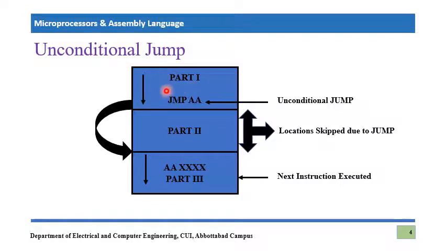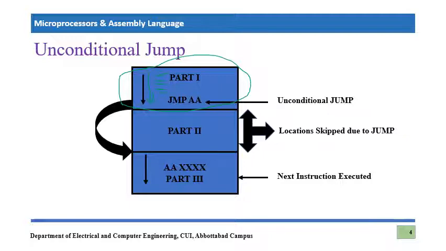To understand this logic, we have constructed this diagram. Let's say this is our main program memory, and we are working on this part of memory. Let me draw it. This is the part of the program memory, and we are going in this direction. There will be a number of instructions, 1, 2, 3, 4, 5.